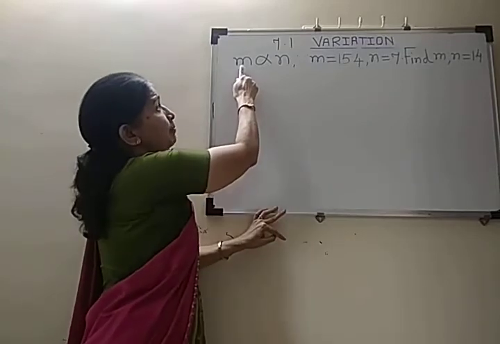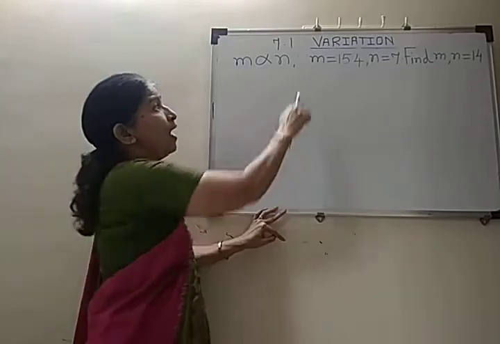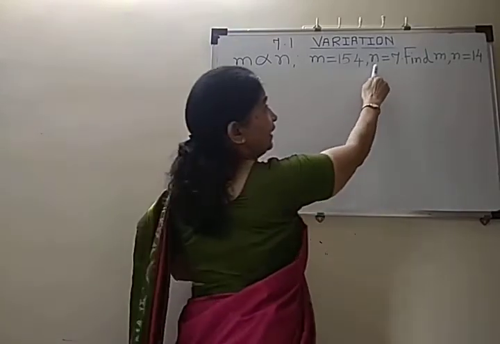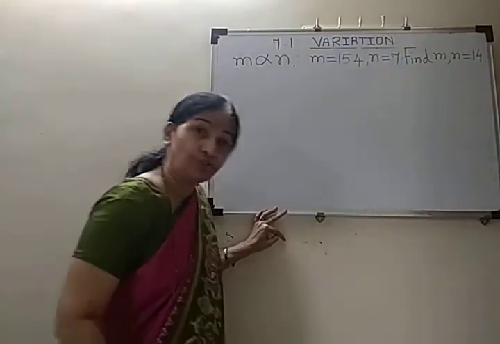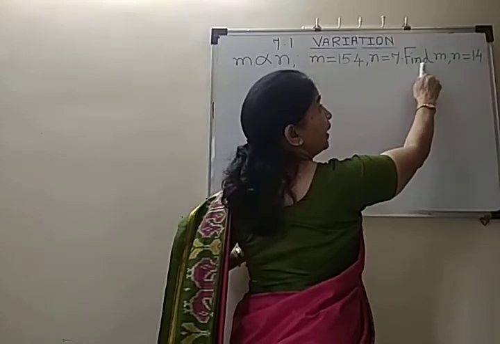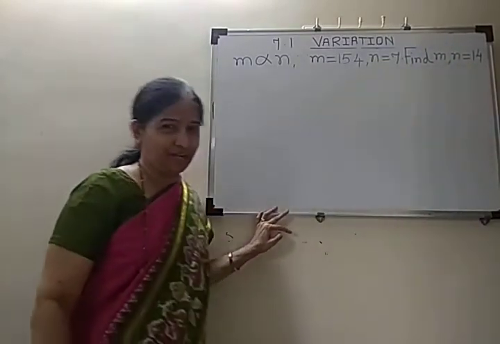So M is directly proportional to N. When M is equal to 154, that time N is equal to 7. Then they are asking us to find M when N is equal to 40.